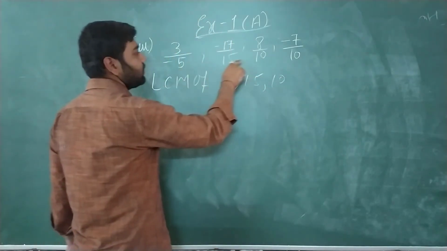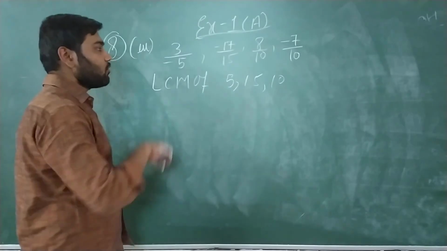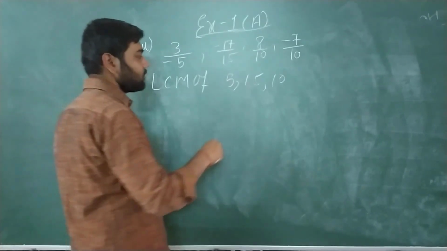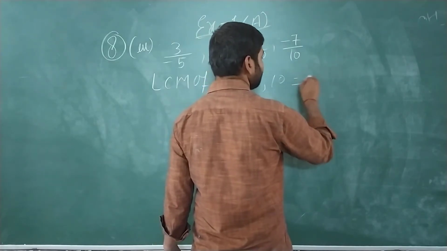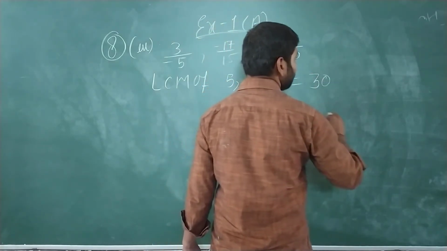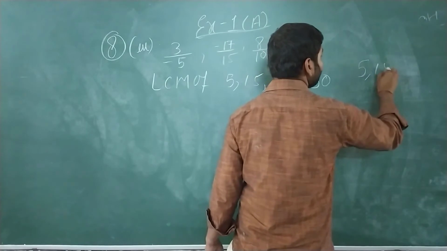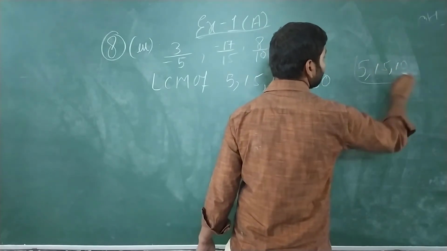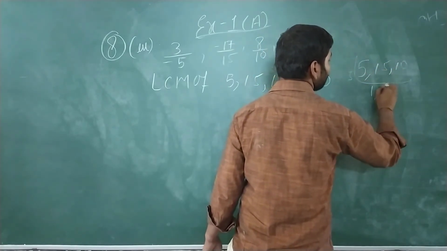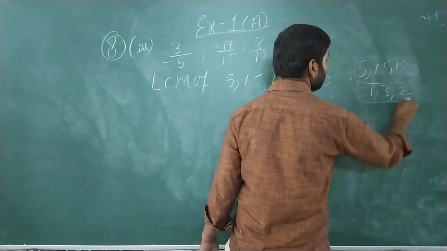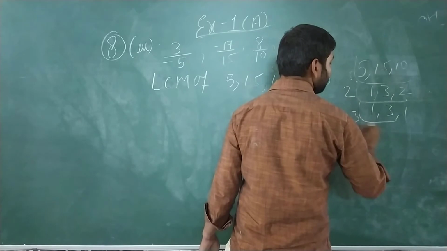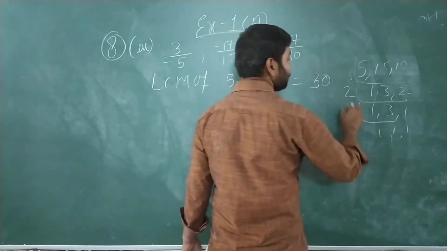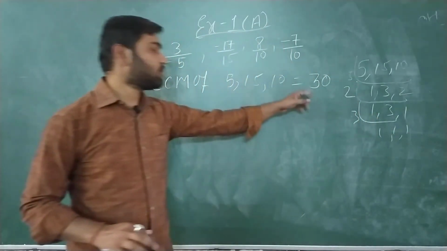The LCM of 5, 15, 10 will be 30. If we calculate it: 5 ones are 5, 5 threes are 15, 5 twos are 10, then 2 ones are 2, and 3 ones are 3, 3 twos are 6, 6 fives are 30. Okay, so the LCM will be 30.